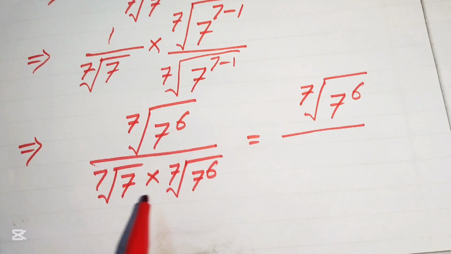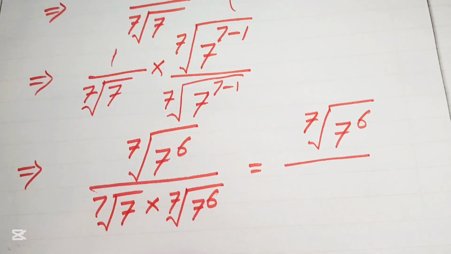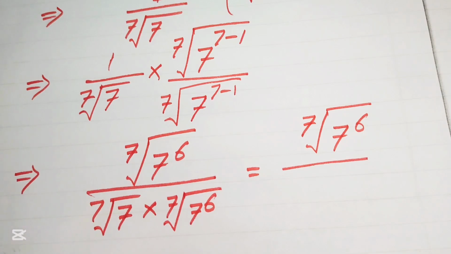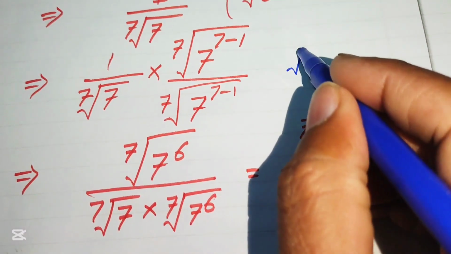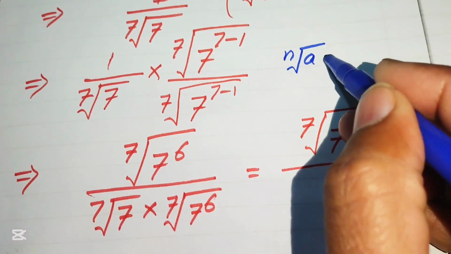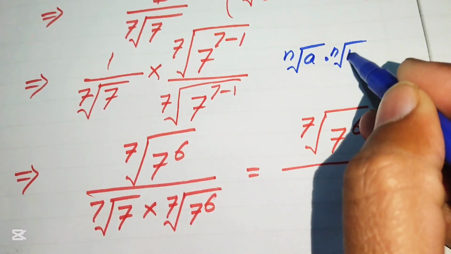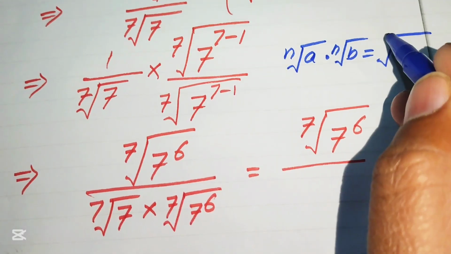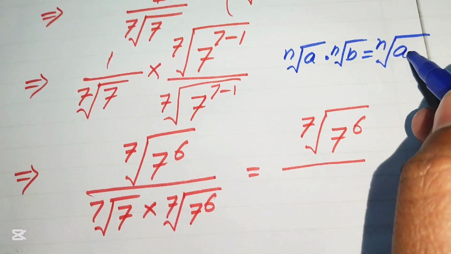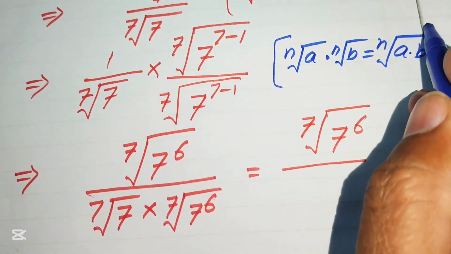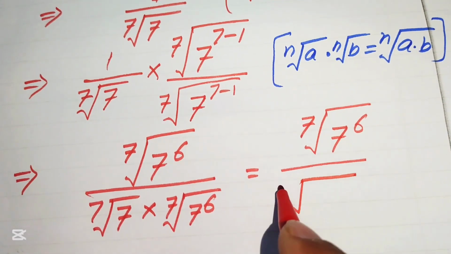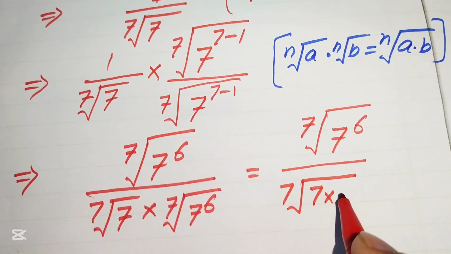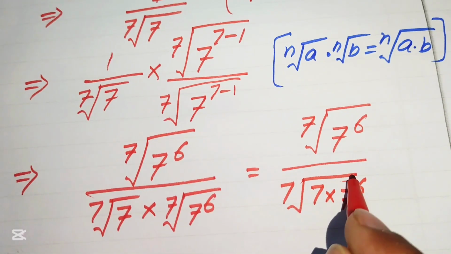The seventh root on both of these terms is the same, so we can apply this radical law: if we have the nth root of a multiplied by the nth root of b, we write it in combined form as the nth root of a multiplied by b. So we can just combine these two values in this way, and it will be written as the seventh root of 7 multiplied by 7 to the power of 6.